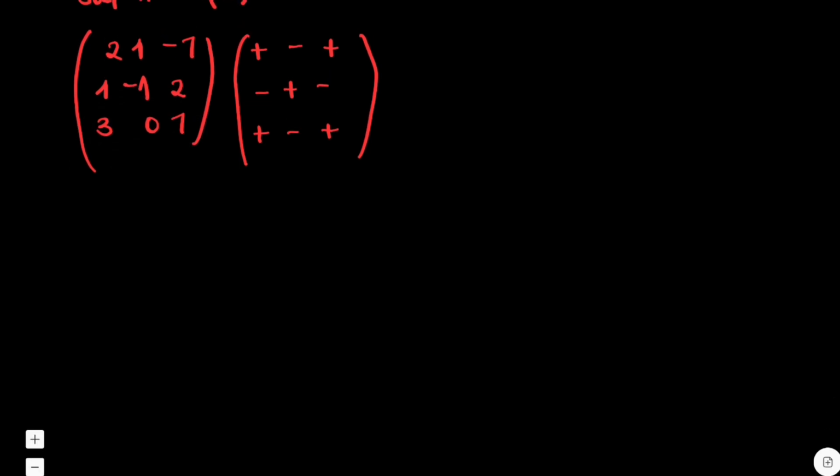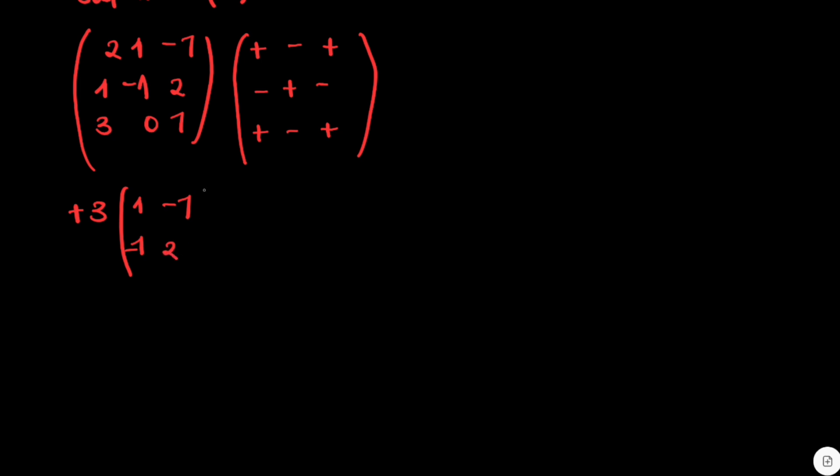Let's take the first number. It's going to be positive 3. We delete its row and column, and we are left with 1, minus 1, minus 1, 2. Take the next, which is minus 0.